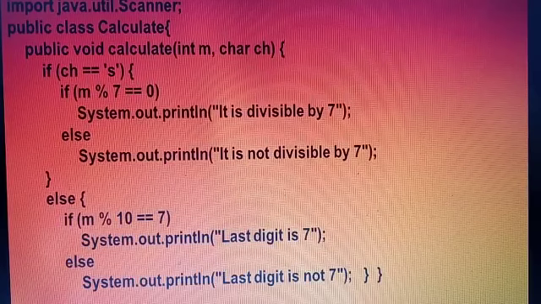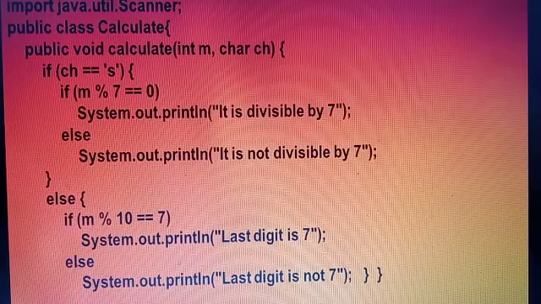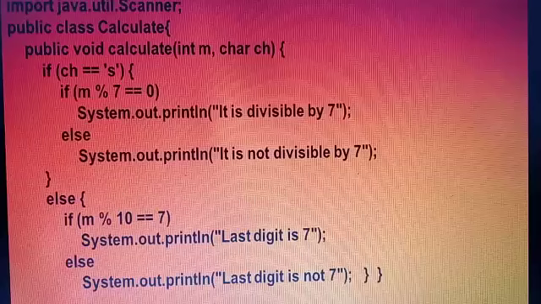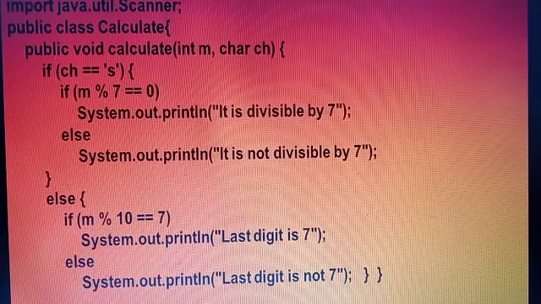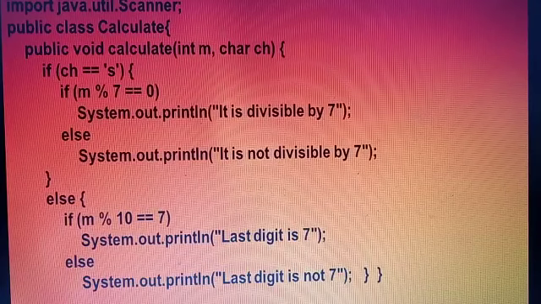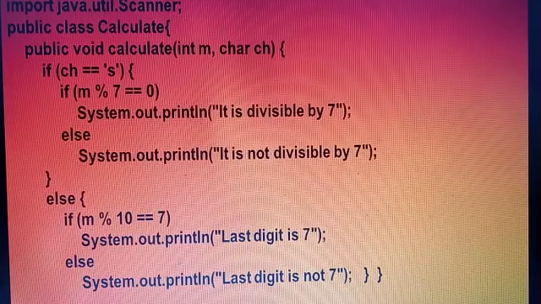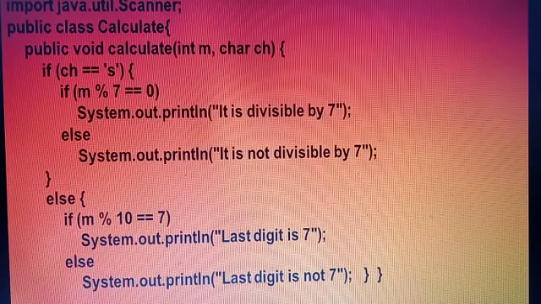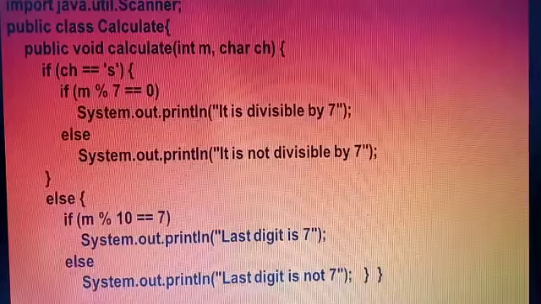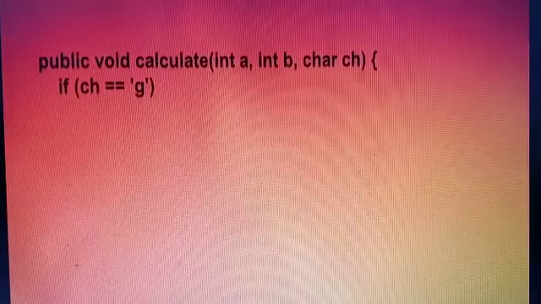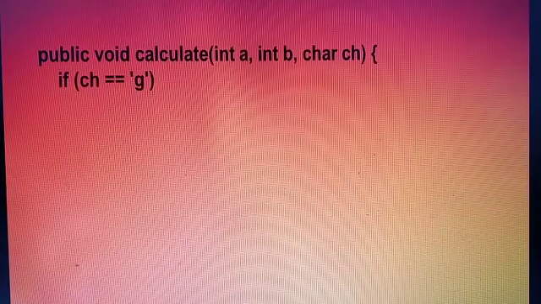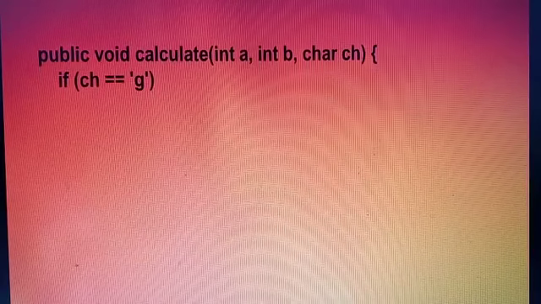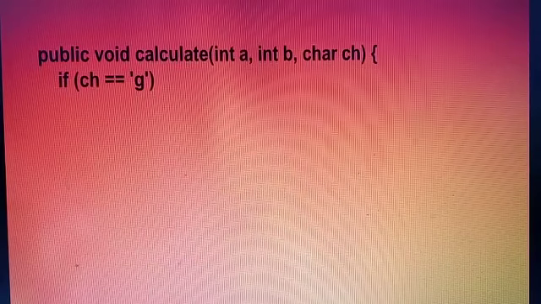Then else if m mod 10 equal to 7, that means you have to print the last digit is 7, otherwise else the last digit is not 7. So in this way you can do. Next, first part done. And second part, public void calculate. You have to take two integer arguments a and b and one character argument ch.